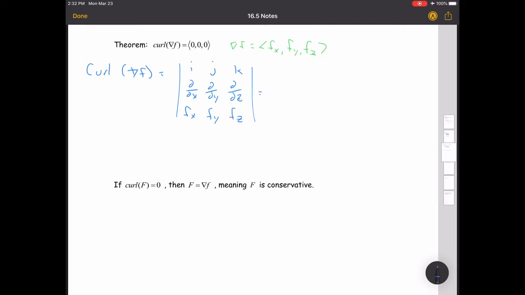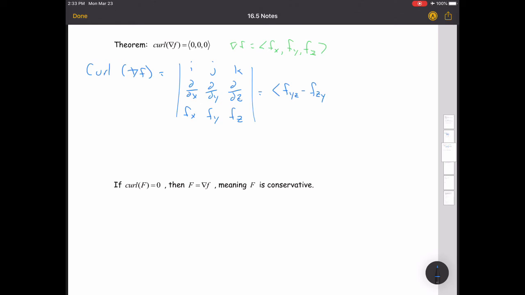So if I do the first component, eliminating the i row and i column, I get the partial of partial of z with respect to y, which is written as first we did the partial of y, then z, minus the second part, which is the partial with respect to z of fy, so we did the partial with respect to z, then y.